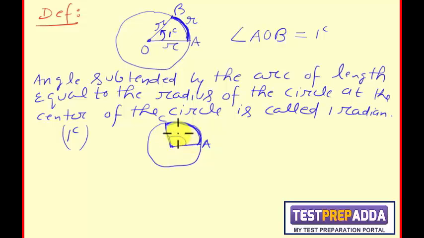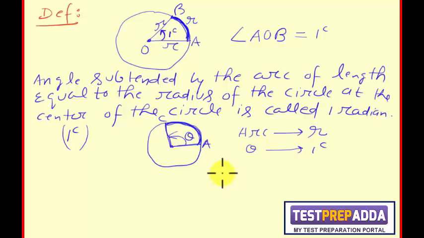Now if I take this as theta, the amount of rotation as theta radian, since when the arc length was r, theta was 1 radian.